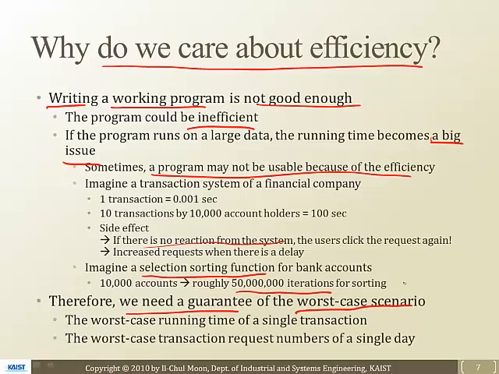The worst case run time of a single transaction, the worst case transaction requests in a single day, or the worst case scenario of the sorting algorithm to run, right? How long will it take, and how much time will this sorting algorithm consume? These kinds of questions will really determine whether your program is usable in the real world or not.